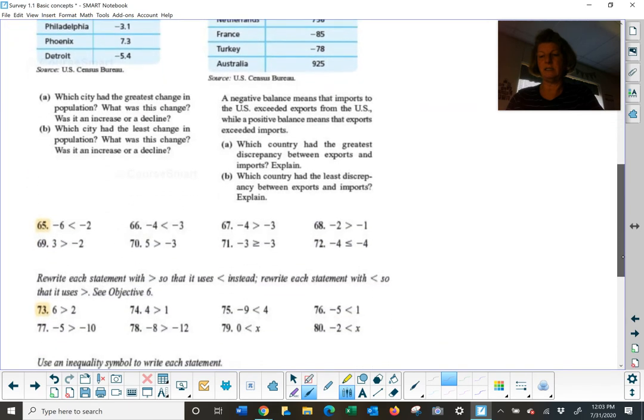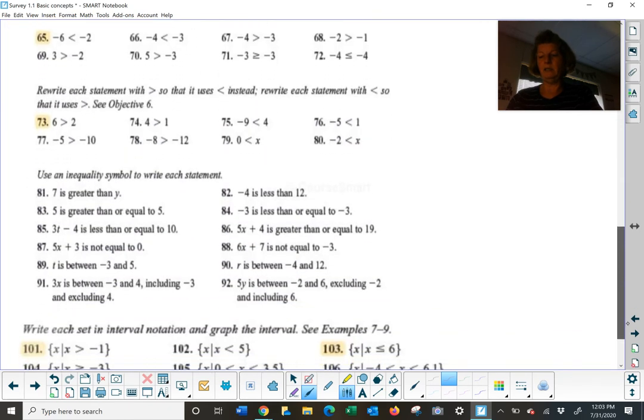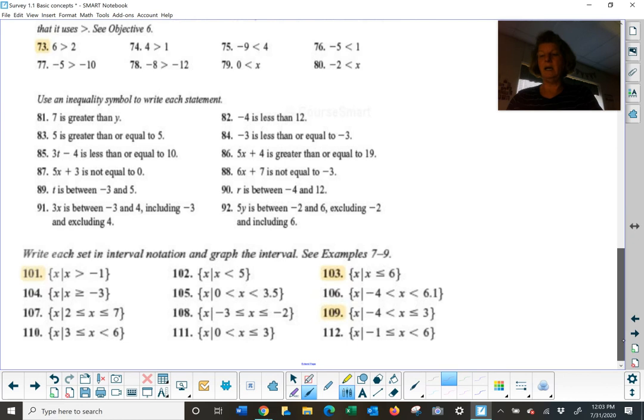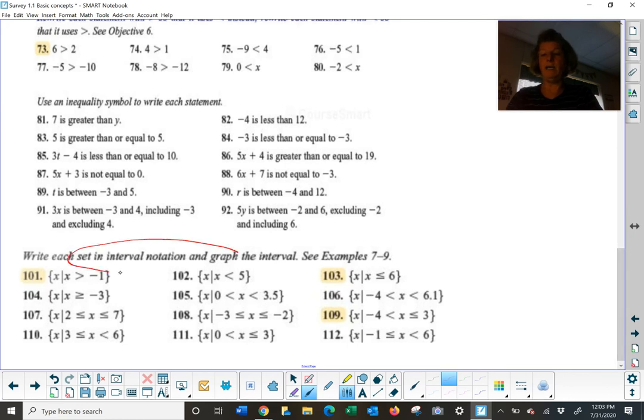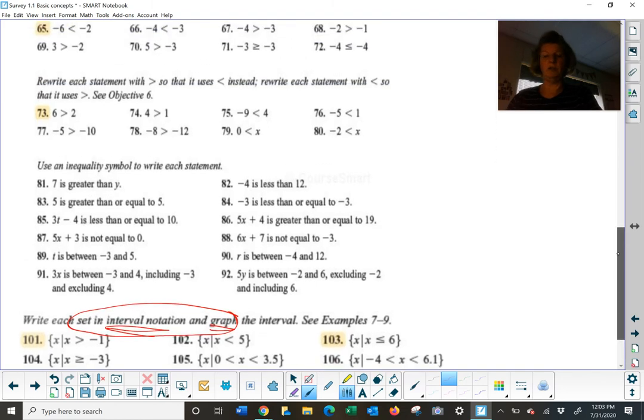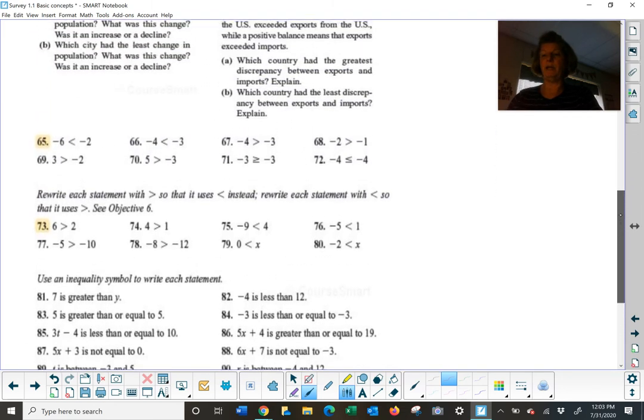So 66 is down here, and you're just going to race through those. Notice that you are writing it in set and interval notation with graphing. That is somewhat similar to what we were just finishing up with example 8.